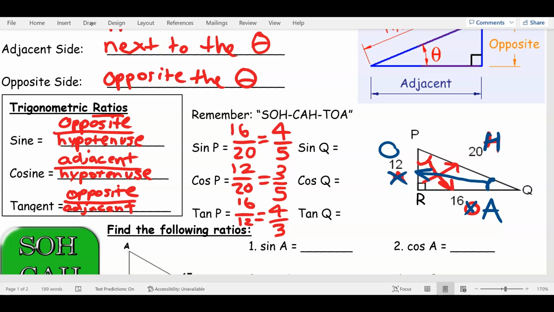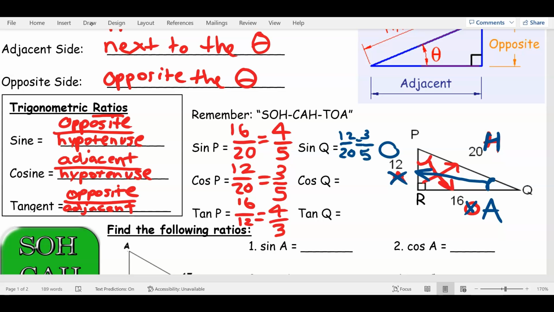Now that I'm starting at Q, let's do sine of Q. O over H is going to be what over what? What do y'all think? 12 over 20, and then that reduces when you divide them by 4 to 3 over 5.